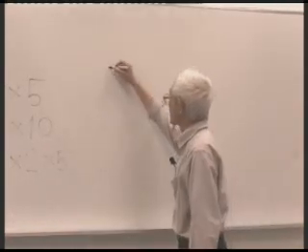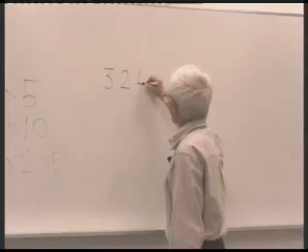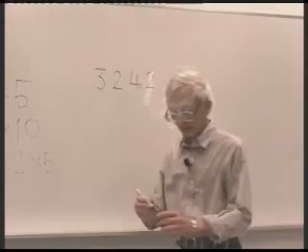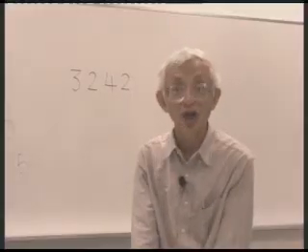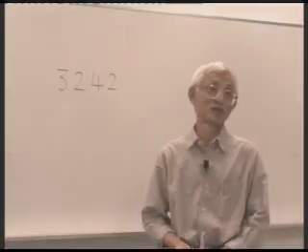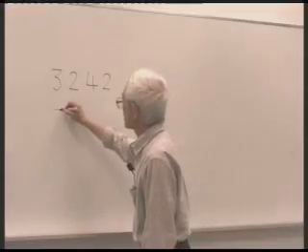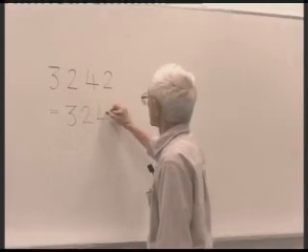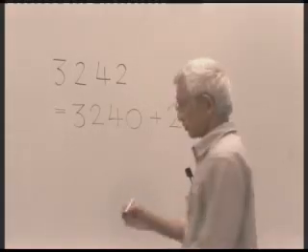Say, for example, if you have a bigger number, say 3242. Then you ask whether this number is divisible by 2 or not. Well, remember, the 10 is divisible by 2. So I try to get some 10 out of this number, which is easy. This is equal to 3240 plus 2.